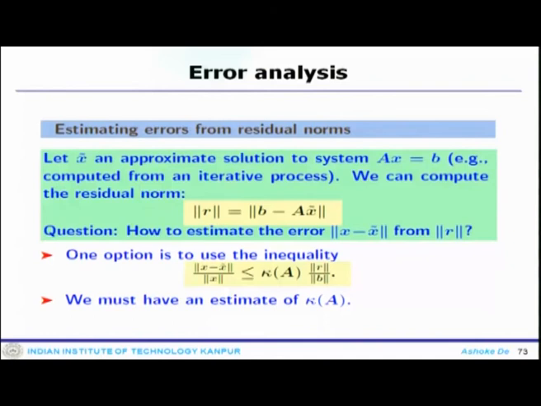Now, it comes down to the stage where you get the errors from the residual norms. Residual means, when you are solving A x equals b, the residual vector would be b minus A x.